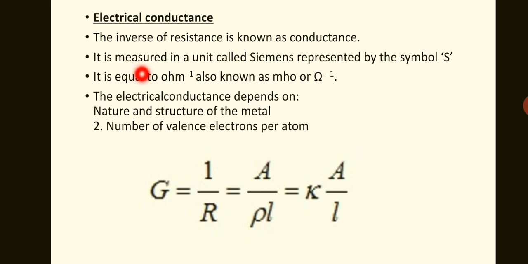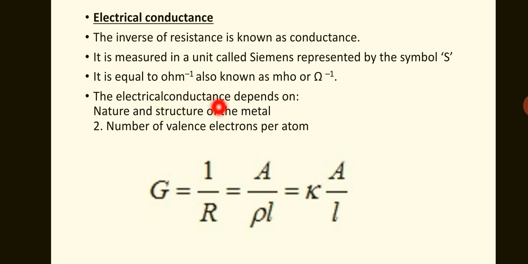It is measured in a unit called Siemens, represented by the symbol S. It is equal to ohm inverse, also known as mho or omega inverse.